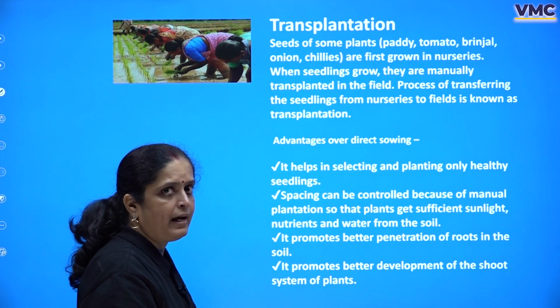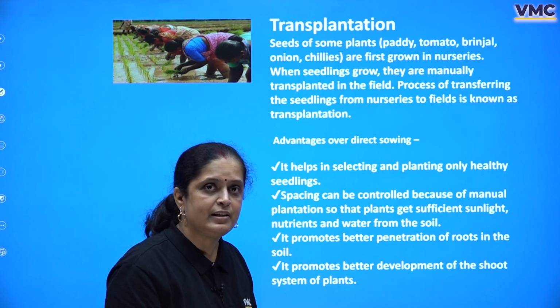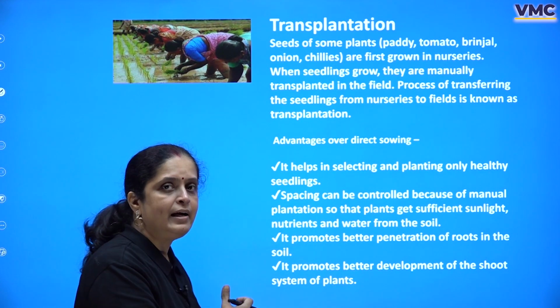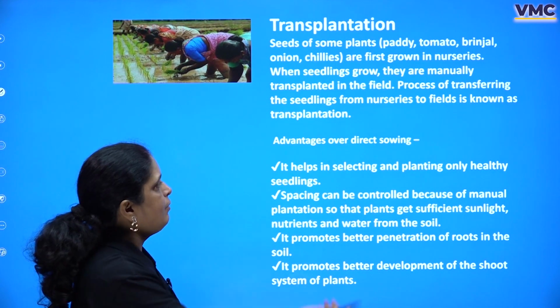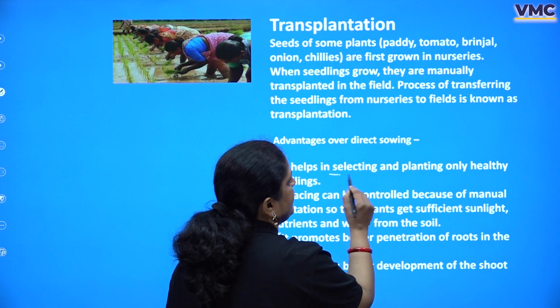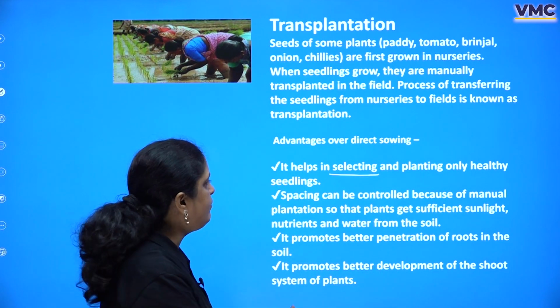Because these plants are first grown in a very controlled atmosphere in nurseries and later transplanted or transferred to the field. Why is this done? Because this helps in selecting. If there is something which is unhealthy, we would discard them.